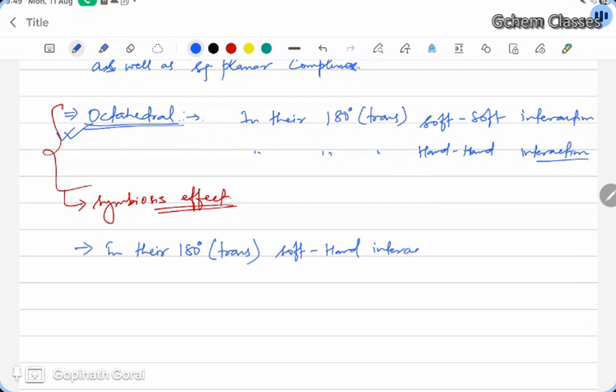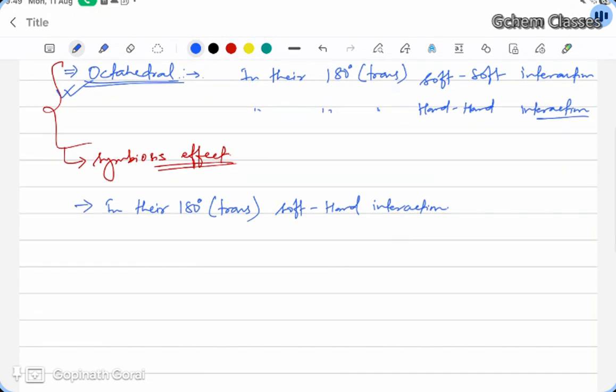It will be more clear when we take examples. First try to understand the concept, because there are limitless examples. So anything other than soft-soft or hard-hard will be your anti-symbiosis effect, right? This will show anti-symbiosis effect.